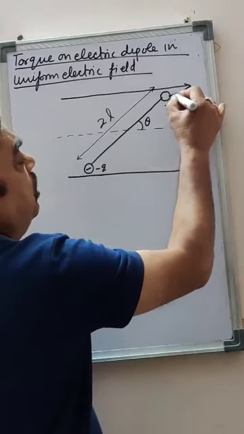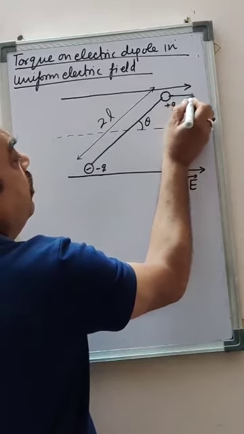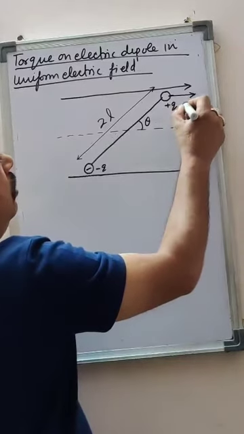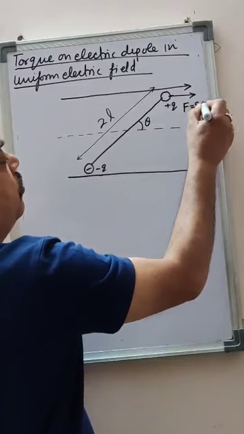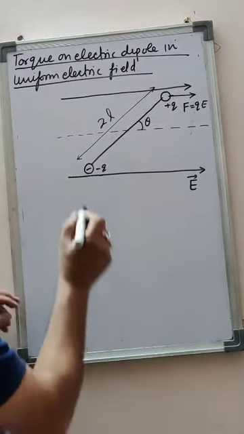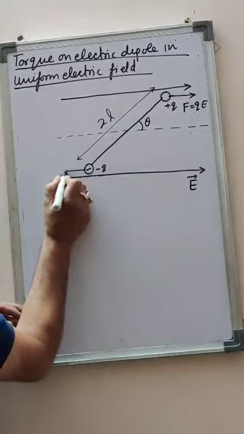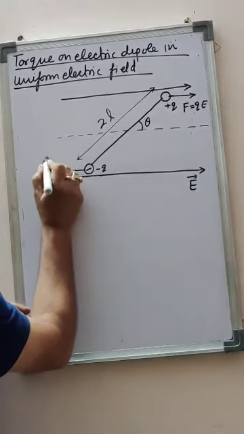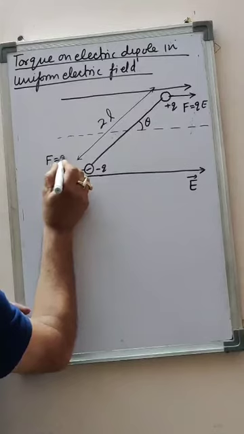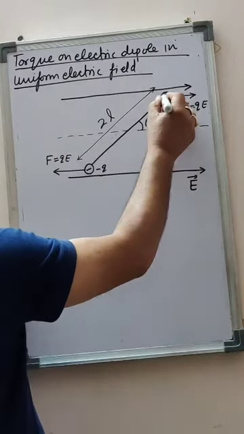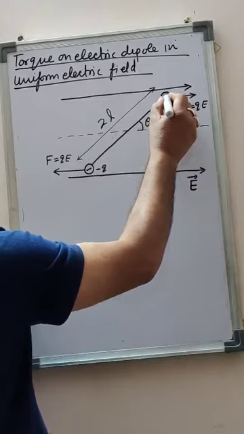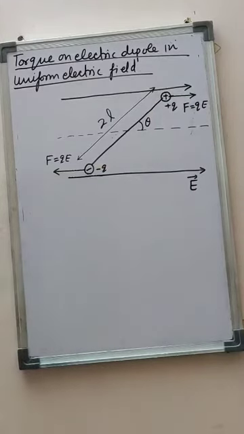So this positive charge will experience a force in the direction of the field, and the value of that force is qE. Whereas a negative charge experiences a force opposite to the field, and the force value is qE. On the positive charge, the force will be acting in the direction of the field. On the negative charge, the force will be acting opposite to the field.